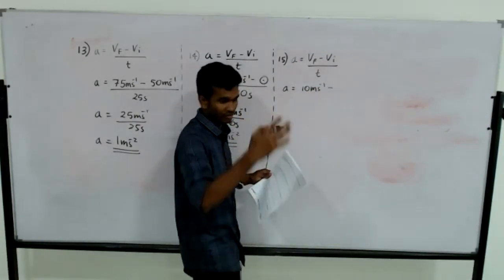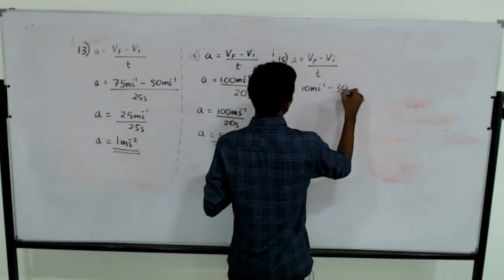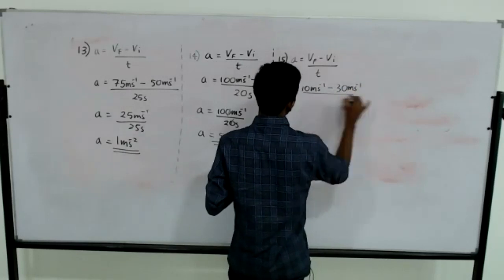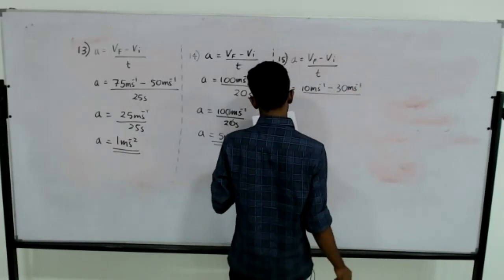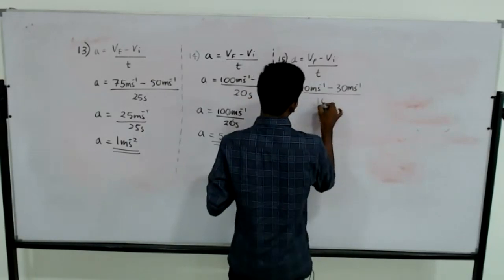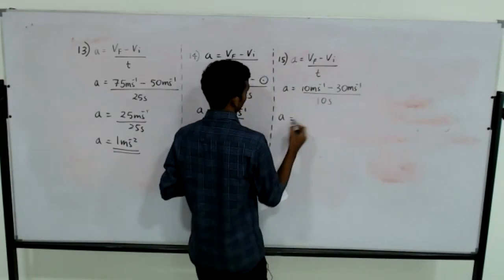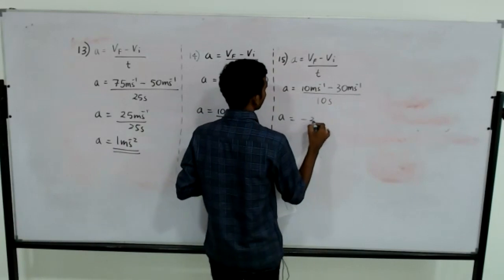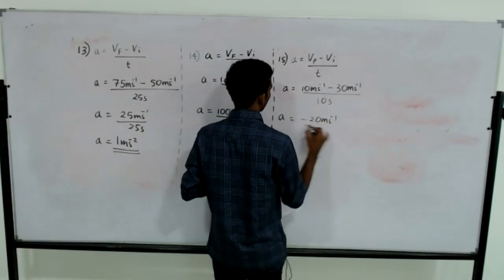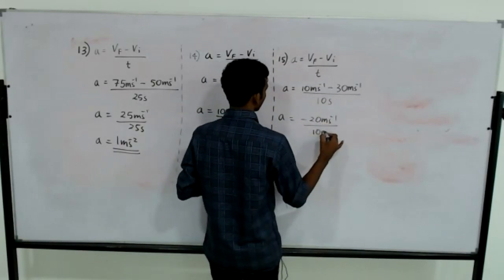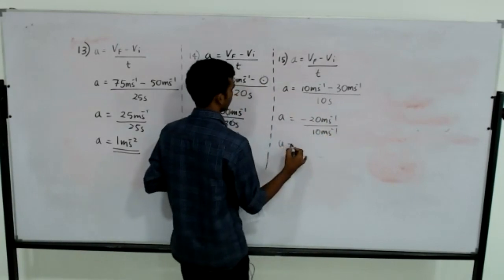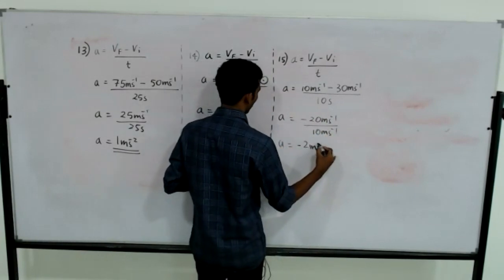We found the change in velocity already, minus 20 ms to the power minus 1. What's the time? 10 seconds. So acceleration is minus 20 ms to the power minus 1 divided by 10 seconds. How much? Minus 2 ms to the power minus 2.